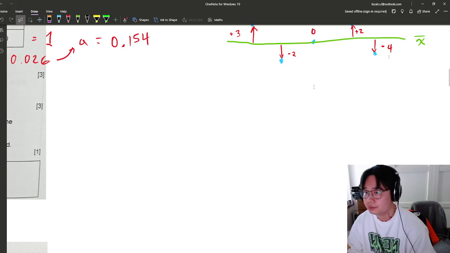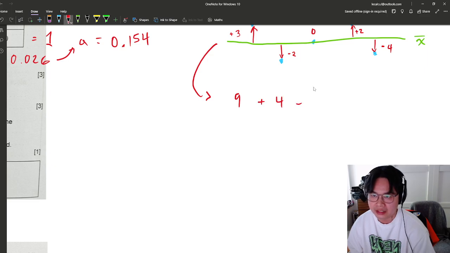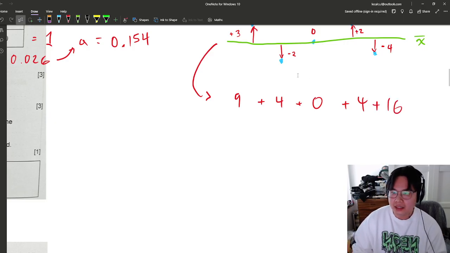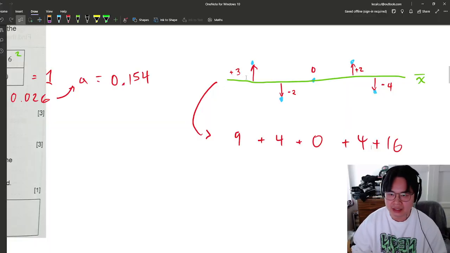So you take the residuals and then you square them. So you get 9, you get 4, you get 0, you get 4, and then you get 16, right? You square the negatives, they also become positive. And what this also does is put more emphasis on numbers that are further away from the average. So the people that are taller have a greater impact on the distance away from the average.